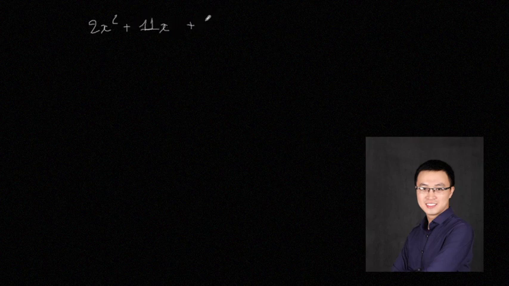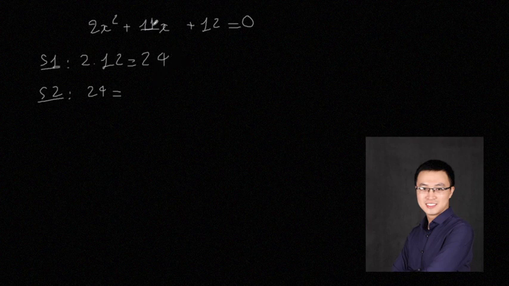2x squared plus 11x plus 12 equal to 0. Okay, so first step, you have 2 times 12 equal to 24. So second, I will separate the 24 into something times something, and after that I will get the 11 when you add each factor together.